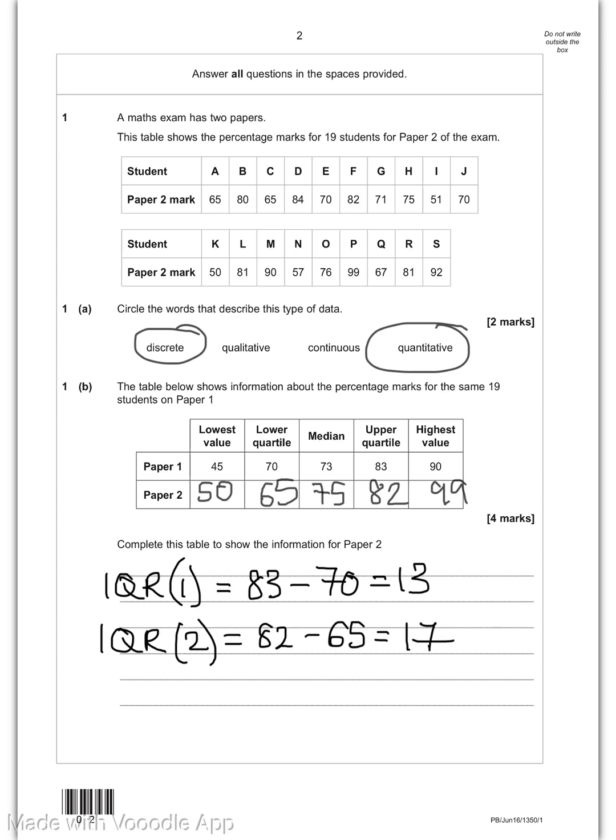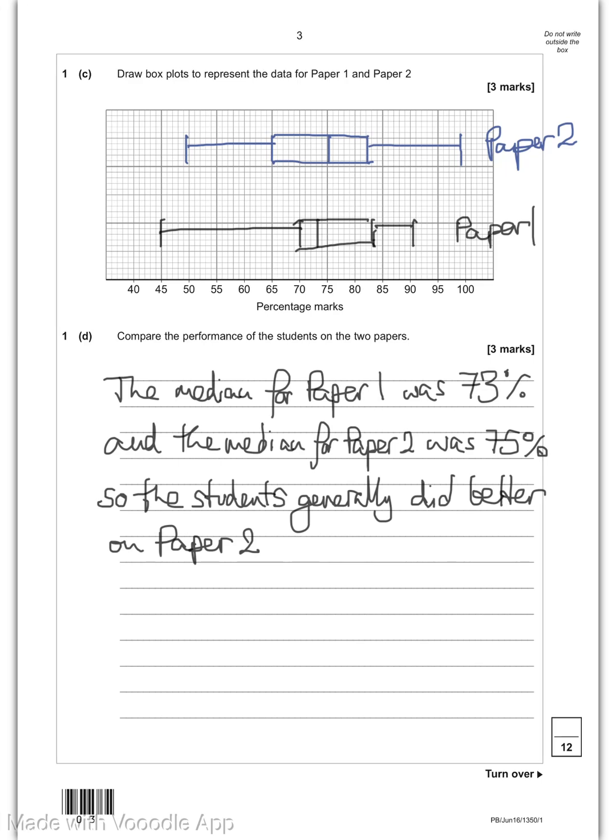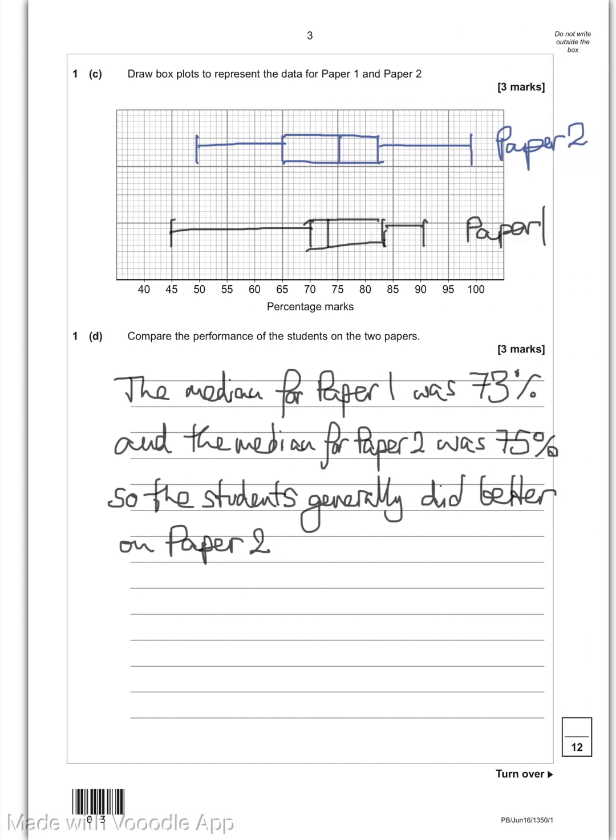17. Okay, so that tells me that the marks on paper 2 were a bit more spread out because the IQR is bigger. So let's write something about that. You can see this on the box plot because the box on the paper 2 box plot is much bigger than the box on paper 1. So the IQR for paper 1 was 13.